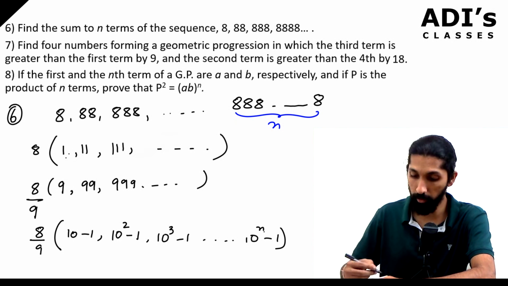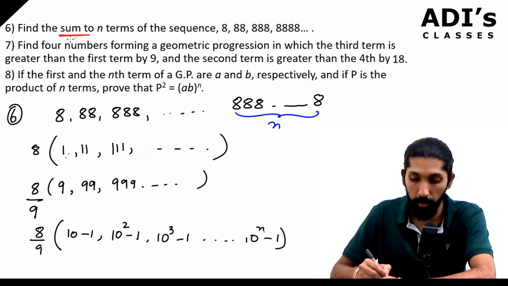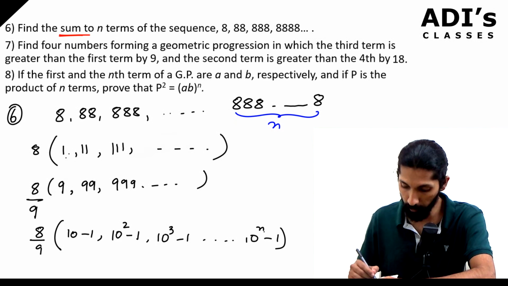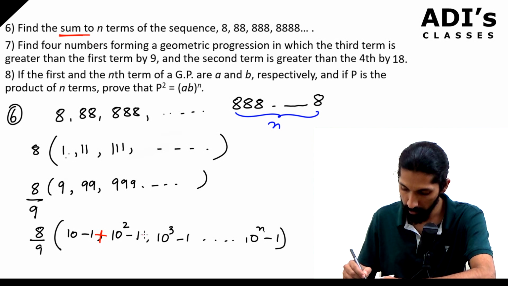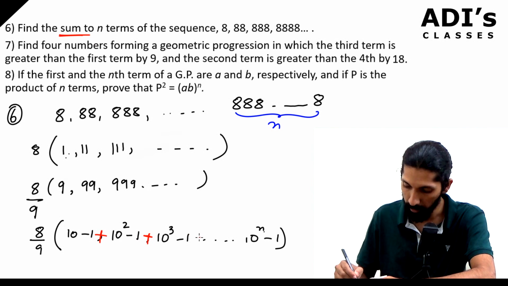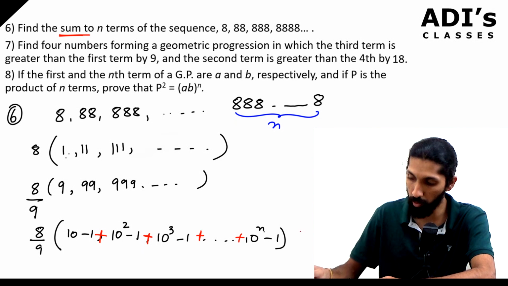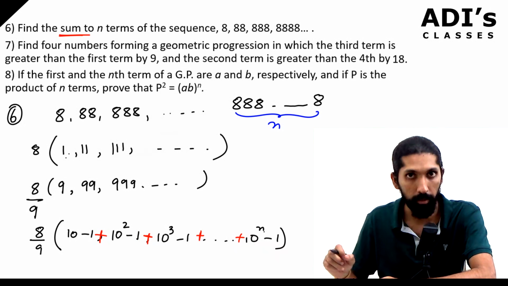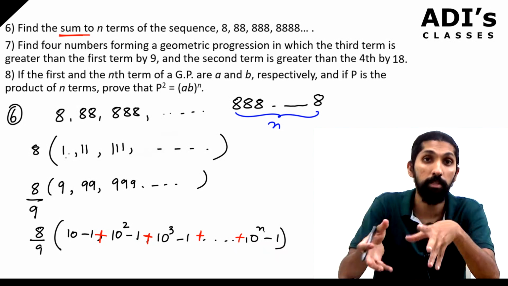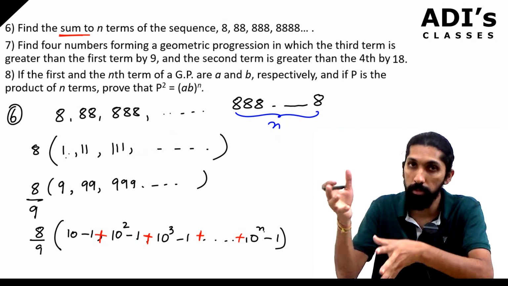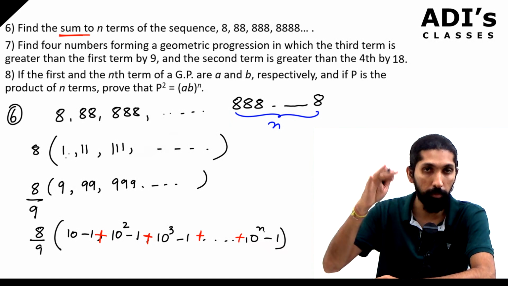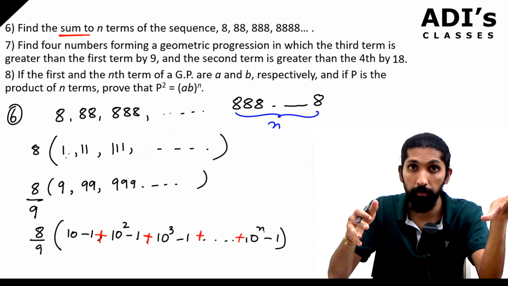But the question says find the sum to n terms. Since it's a sum, what do we write? Instead of a comma, we write a plus, so on and so forth. Correct? The summation is what is required. Now, we'll take the positive terms separately, the negative terms separately. In the sense, the 10, 10 square, 10 cube, all those things, you take that separately.